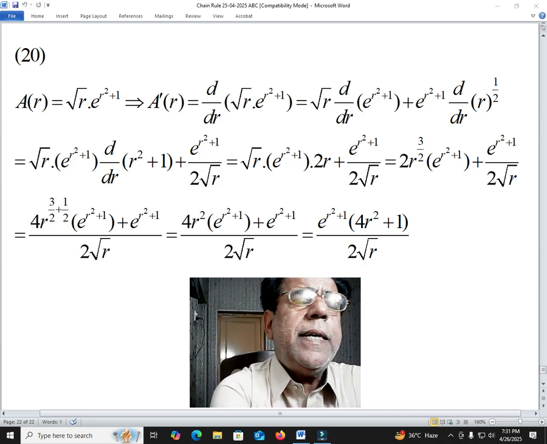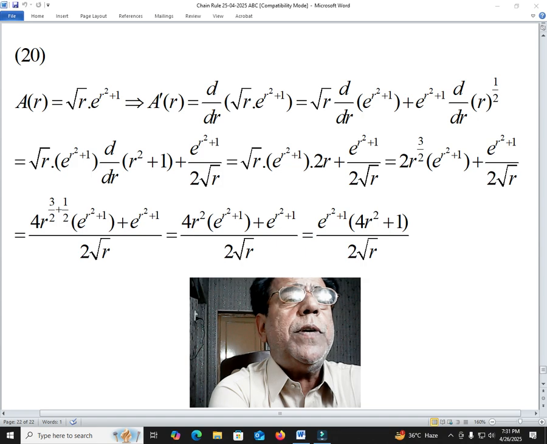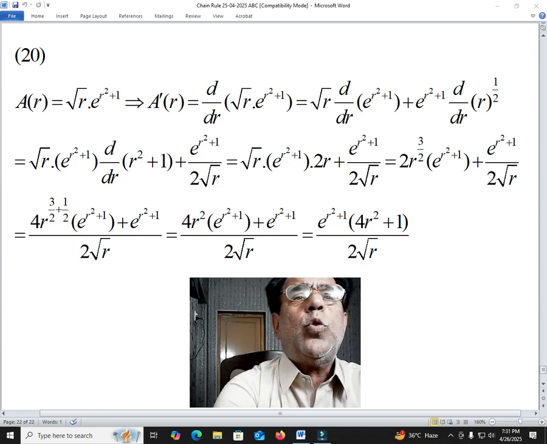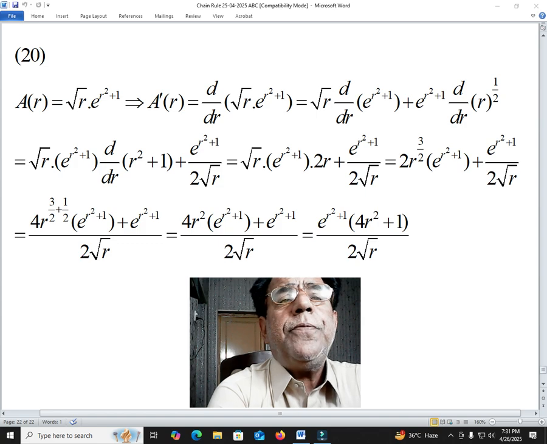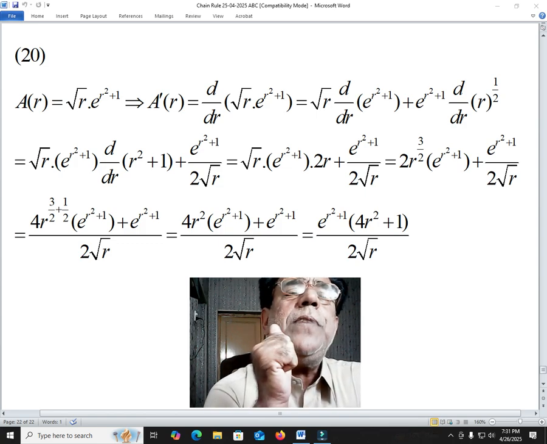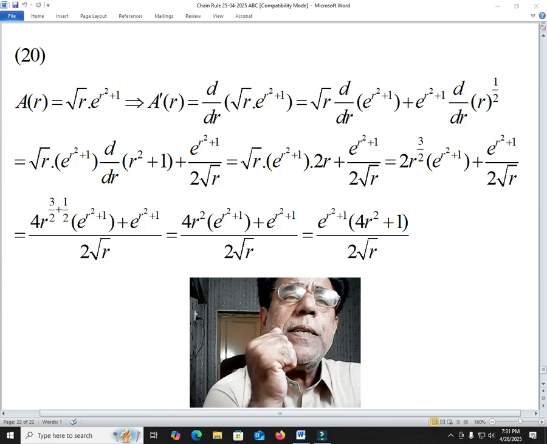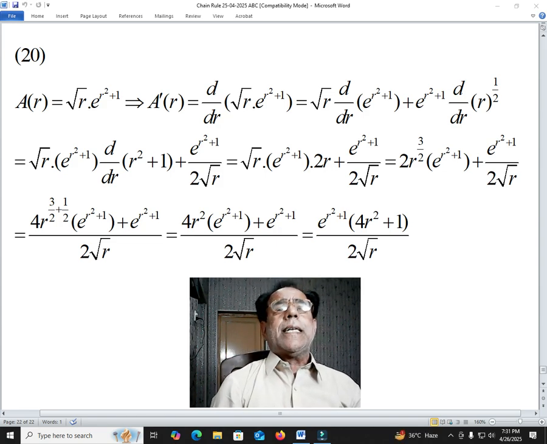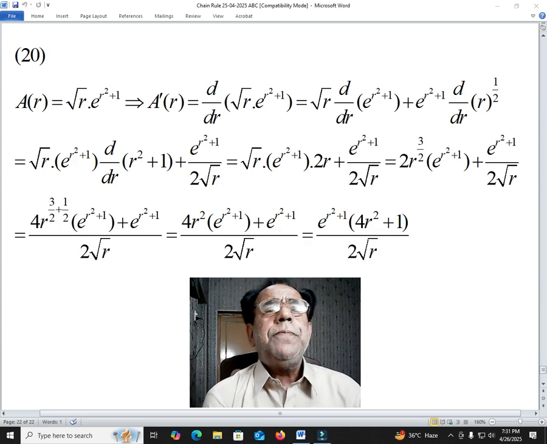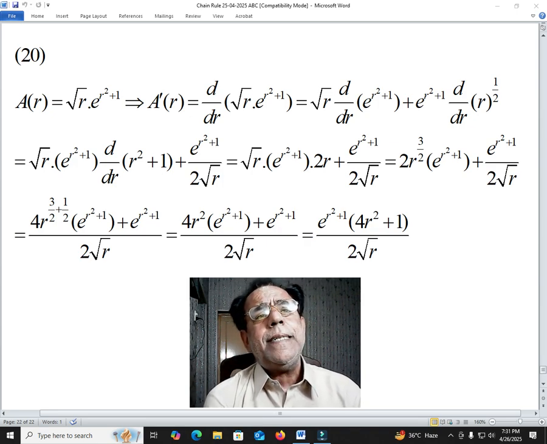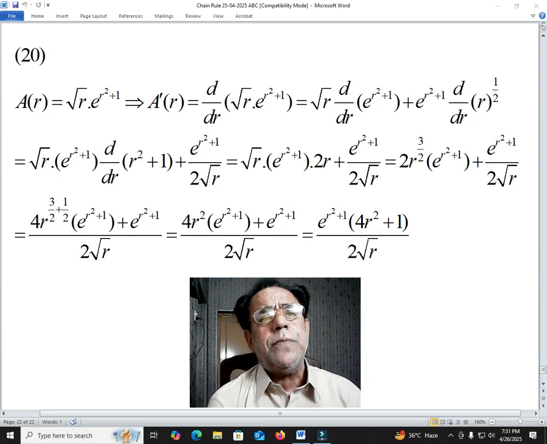So A'(r) is equal to d/dr of the whole function, because A is a function of r. One time we will keep the first function as it is and differentiate the second function with respect to r, and then plus we will keep the second function as it is and differentiate the first function with respect to r.